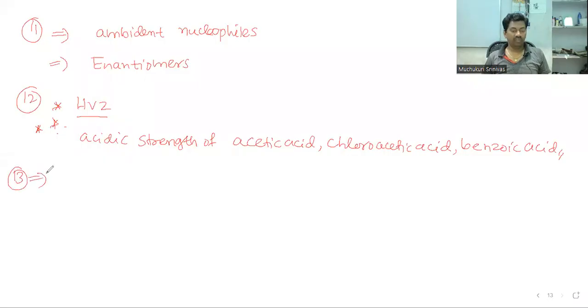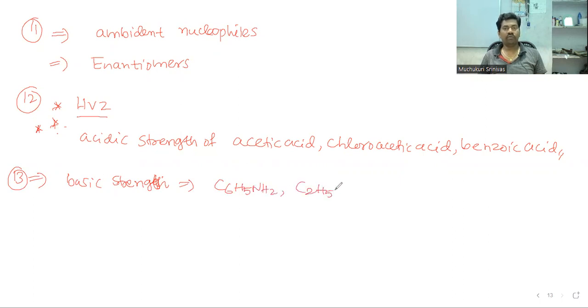Then from the 13th chapter, you read: arrange the following in decreasing order of their basic strength. C6H5NH2, C2H5NH2, (C2H5)2NH, and NH3 as the least.